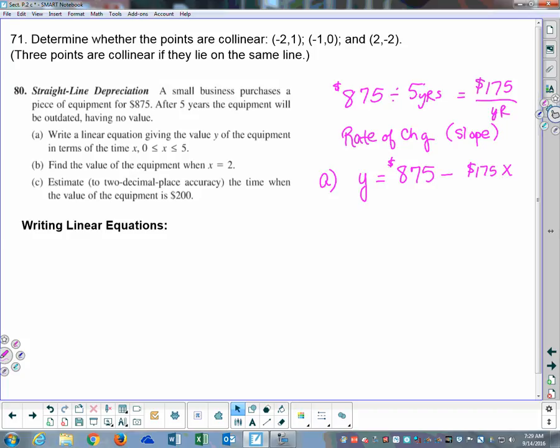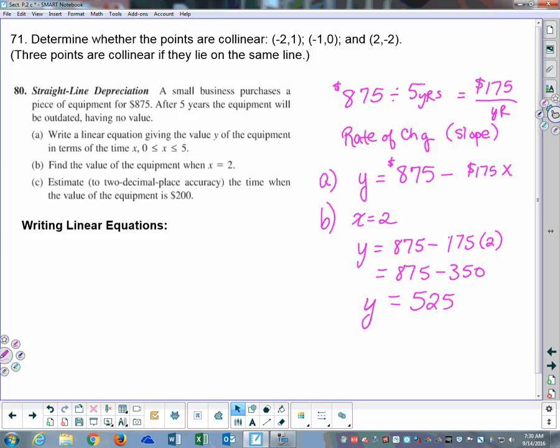So in 2 years, I'm subtracting $350 off the $875, for instance. Part B, find the value of the equipment when x was 2. Oh, we just talked about that. When x equals 2, I get y equals 875 minus 175 times 2. That's 875 minus 350. And that will give us a grand total of $525.